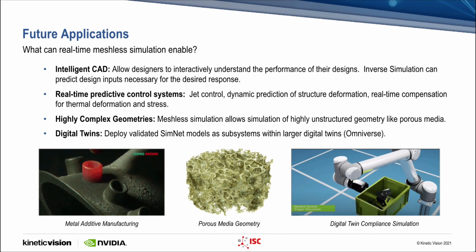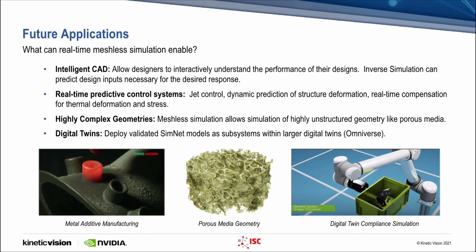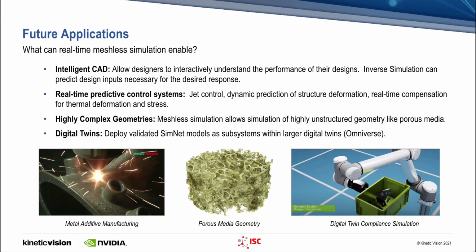SimNet can be used to create a really lightweight real-time simulation that you could then put inside of a larger system simulation in a tool like Omniverse. So really some neat future applications. SimNet is really an amazing technology, and we're really excited to see what the future holds for it.